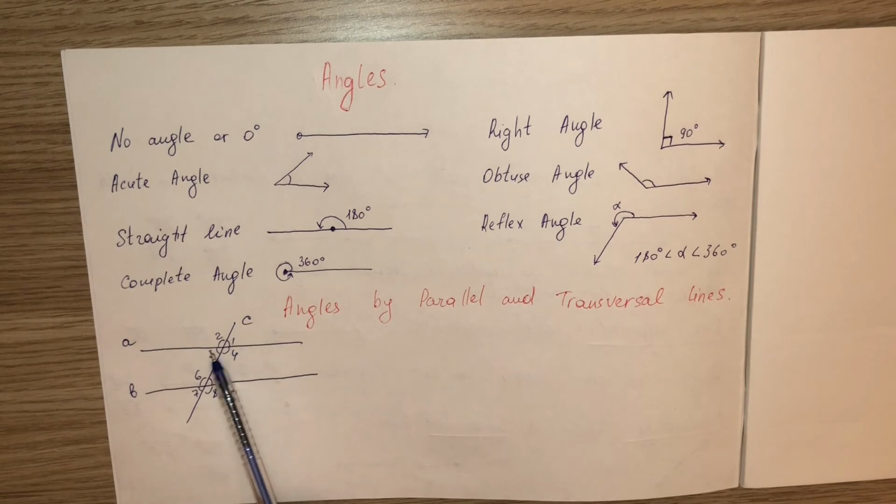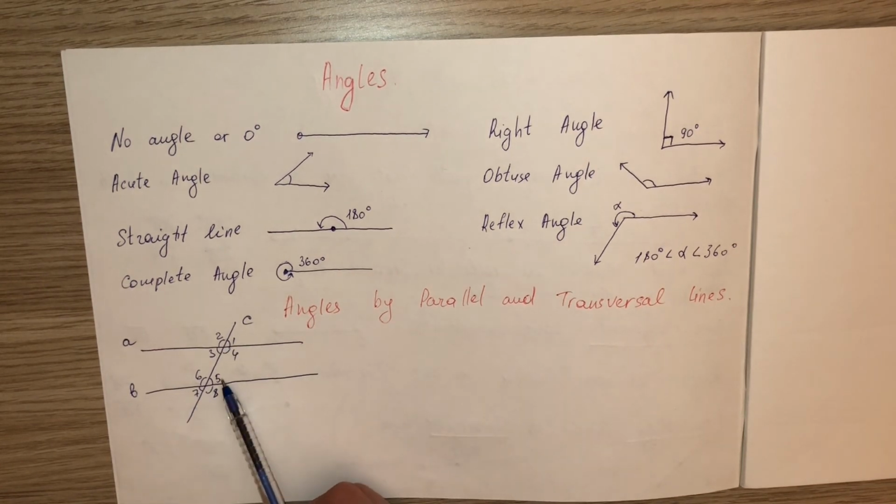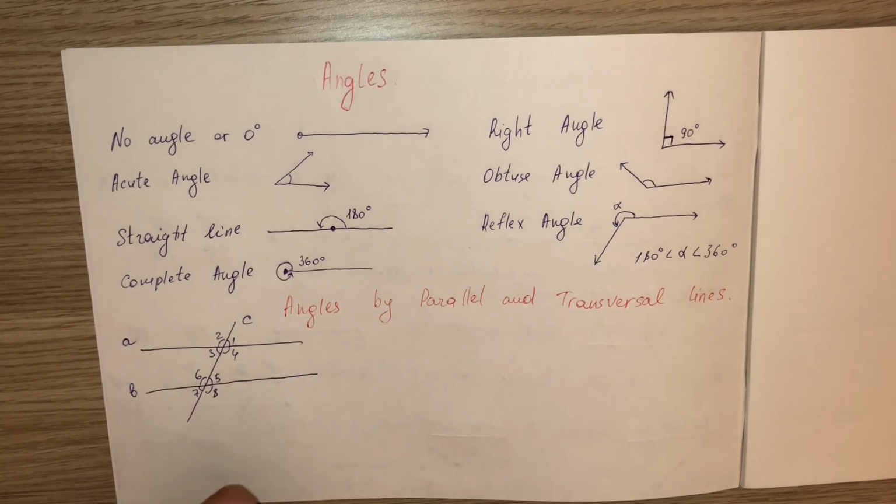These two angles, 3 and 1, are equal, and these two angles, 2 and 4, are also equal. 7 and 5 are equal, and 6 and 8 are also equal.